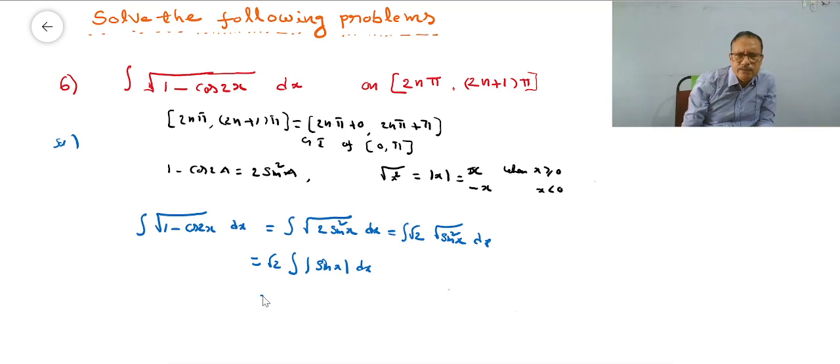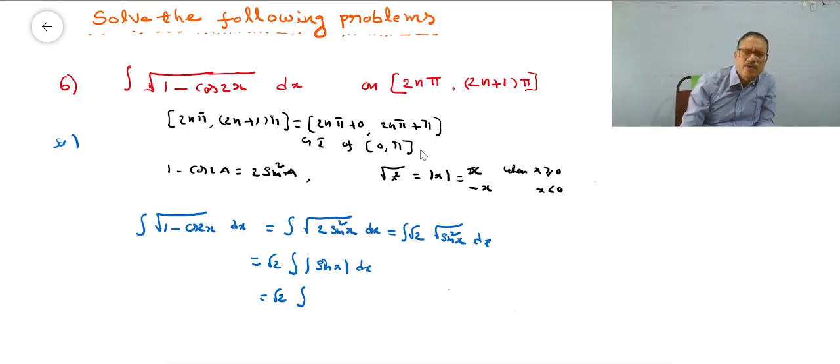So this is equal to root 2 into integral of, see here, by definition of mod function, when x is greater than or equal to 0, modulus of x is equal to x. Since the values of x lie in 0 comma pi closed interval, that is x lies in the first and second quadrants.